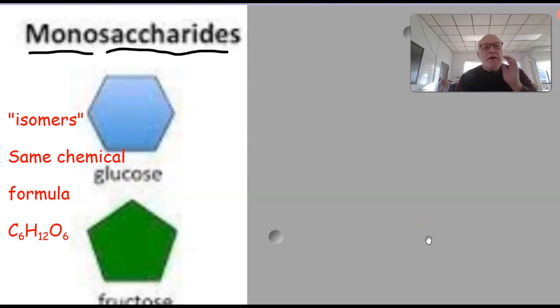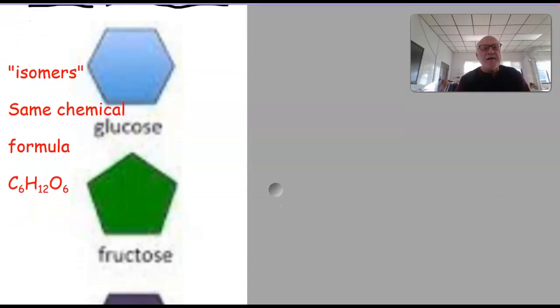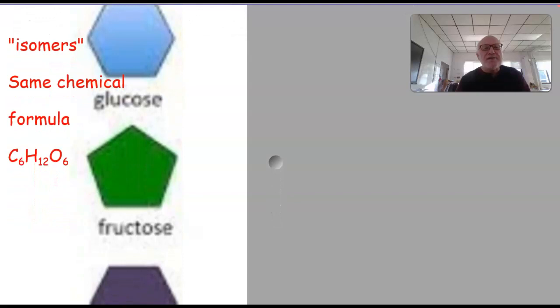So, in the world of carbohydrates, we've already been thinking about a molecule called glucose, C6H12O6, and we know that that's a hexagon base with lots of other oxygens and hydrogens coming off of the corners here, okay? But there are variations on C6H12O6 that are called isomers.